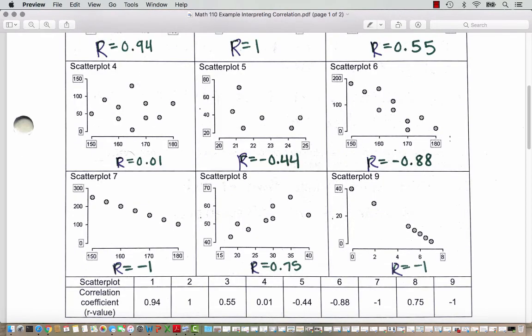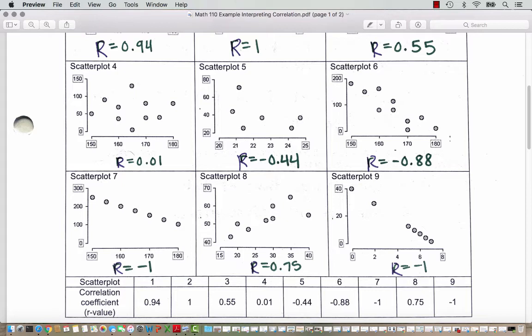Now in scatterplot 7, the points are a perfect fit to a negative slope or negative association line, and the correlation is negative 1. So it seems like a correlation of 1 is an exact fit. For a positive slope or a positive association, we use a correlation of positive 1, and for a negative slope or a negative association, we use a correlation of negative 1.